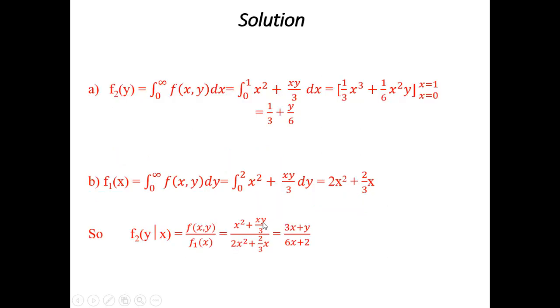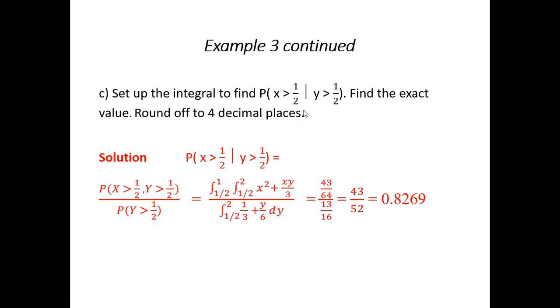You may remember that we got this in part A. This is the marginal PDF with respect to y, so we're using that down here. That works out to be 13 over 16. We can simplify this fraction a little bit. We get 43 over 52, which works out to 0.8269.